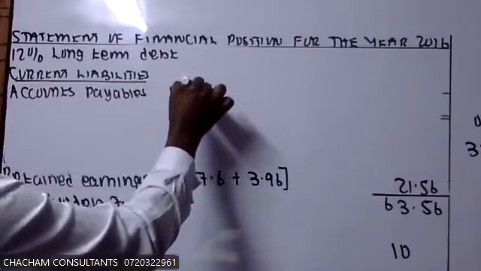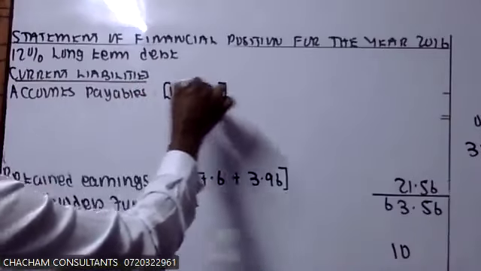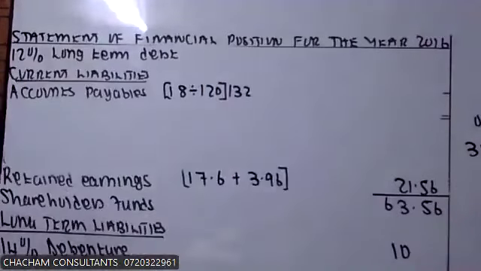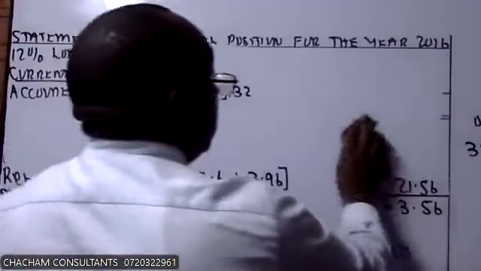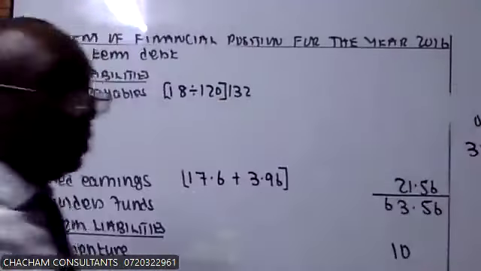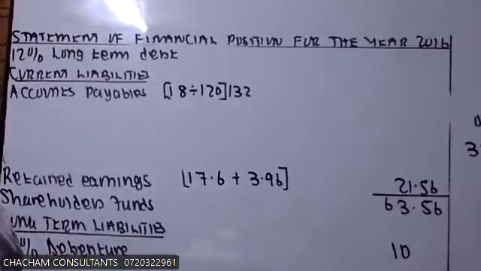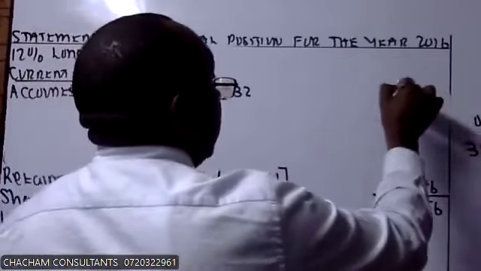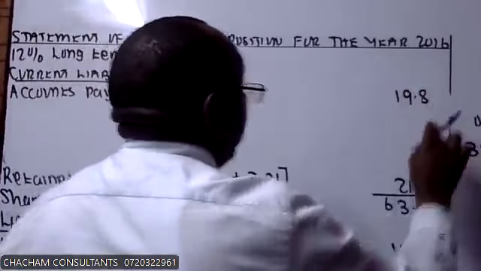So you divide by 120, then you multiply by 132. Give me that. $19.8. Let me just bring it directly here, out of the interest of time.